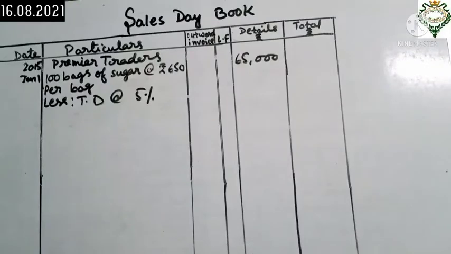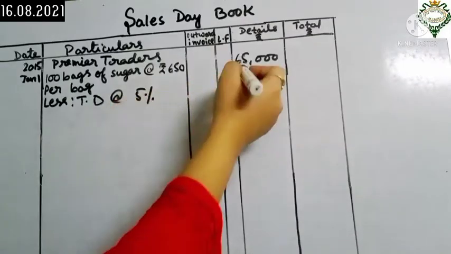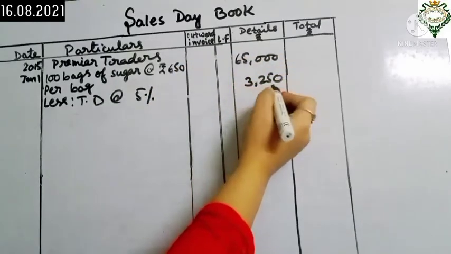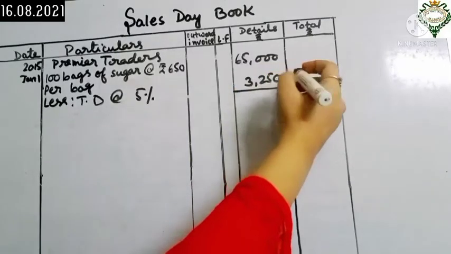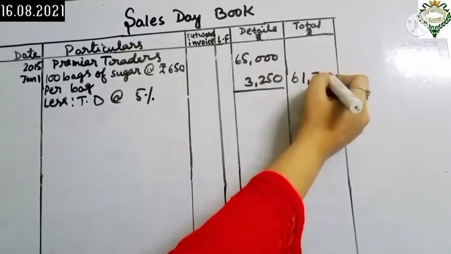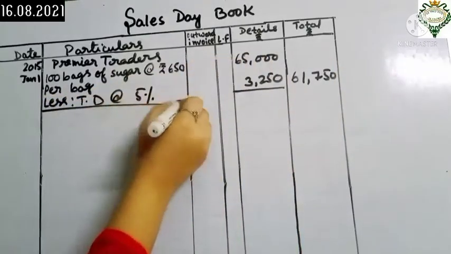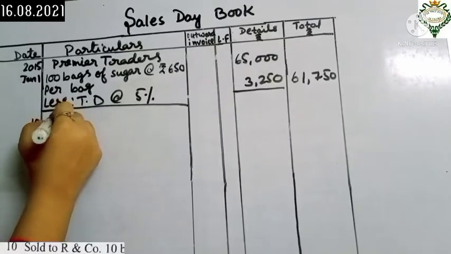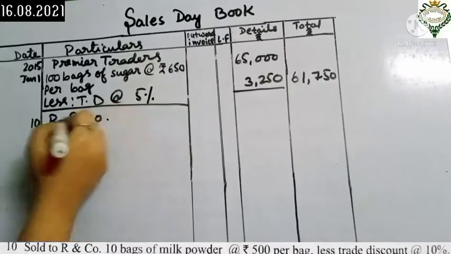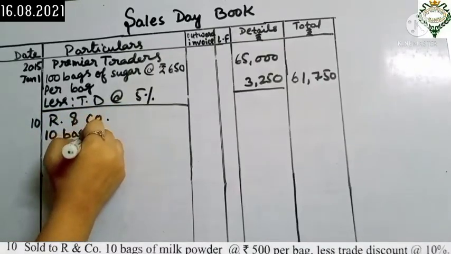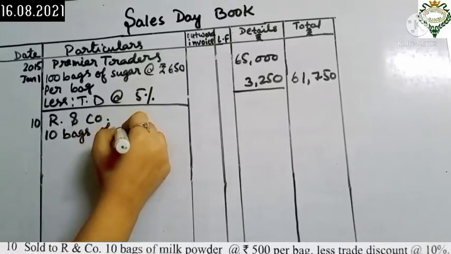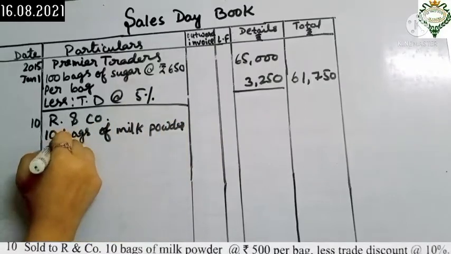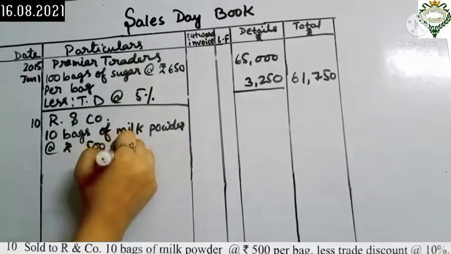First we have to record this 5%. If you take 5% of 65,000 you will get 3,250. If you deduct this amount you will get 61,750. Now come to the next transaction that has been done on January 10, with R and Company. 10 bags of milk powder were sold at rupees 500 per bag.